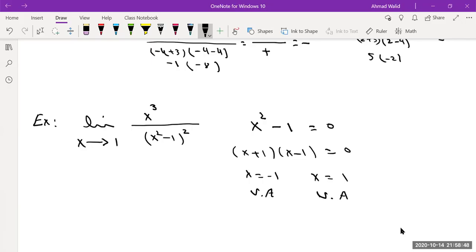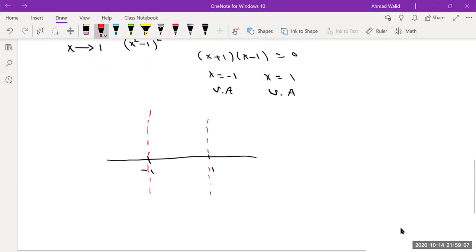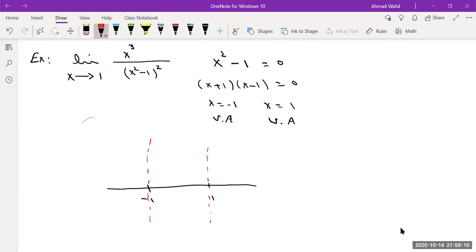Now, if I draw my number line, and I put here negative 1 and here 1, and I draw my asymptotes, right? This is one of the asymptotes, and here the second asymptote. And in this problem, because I'm dealing with limits, I don't care about negative 1. I don't want to study this part because why?